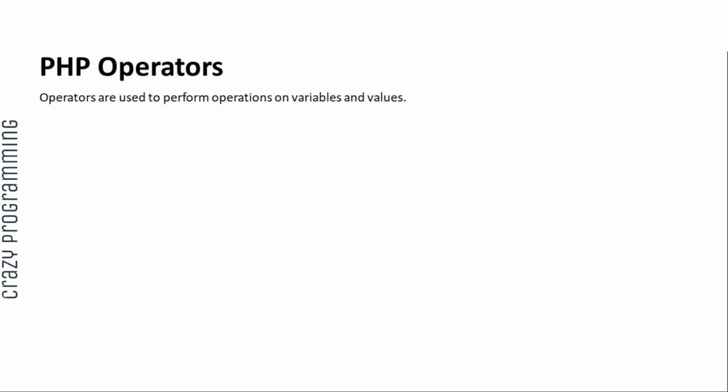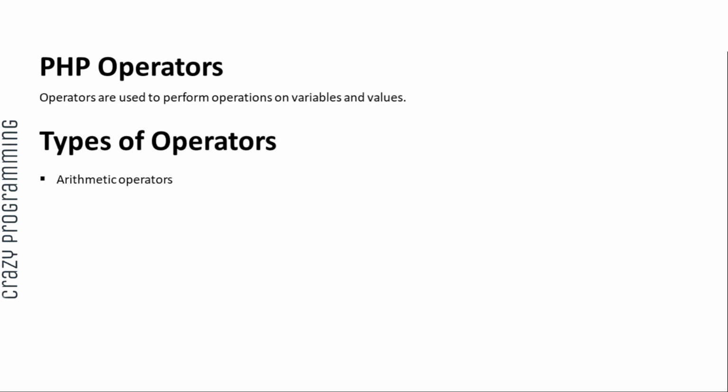Operations like addition, subtraction, multiplication, these are the operations on variables and values. So we will understand the types of operators here.